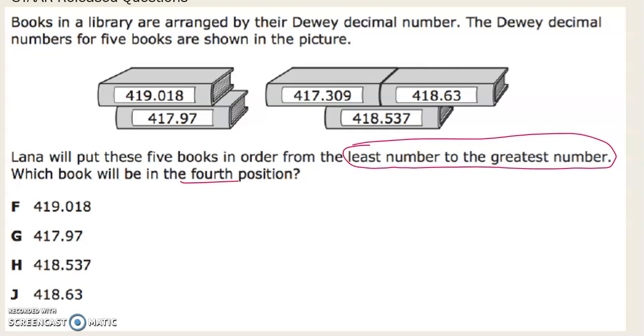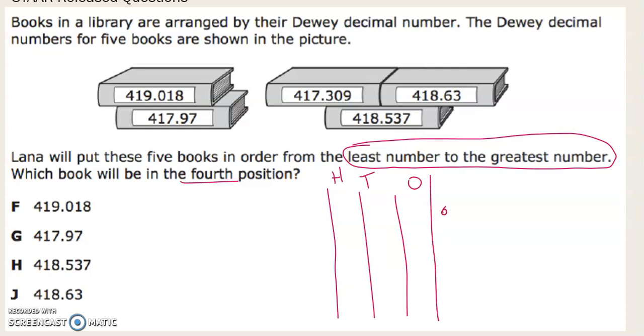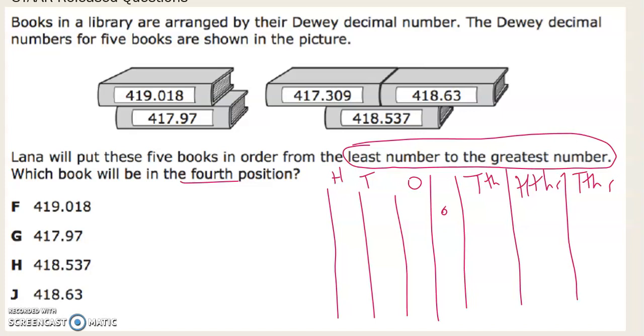So again, we're going to start with our place value chart. And in this case, I have 419, 417, 417. So I know that I'm going to have 3 place values before my decimal. So I'm going to have hundreds, tens, and ones. Put my decimal here. I have tenths, hundredths, and thousandths. Okay, and then I'm going to take those 5 values and put them in my place value chart.